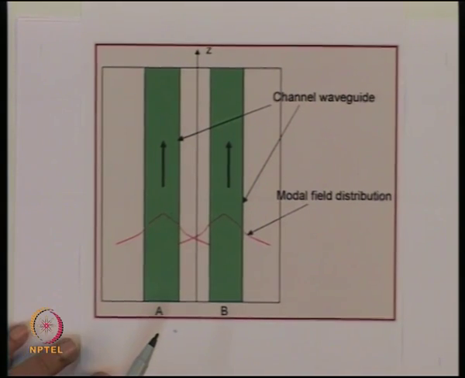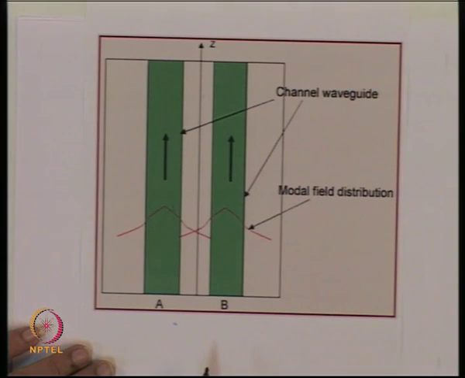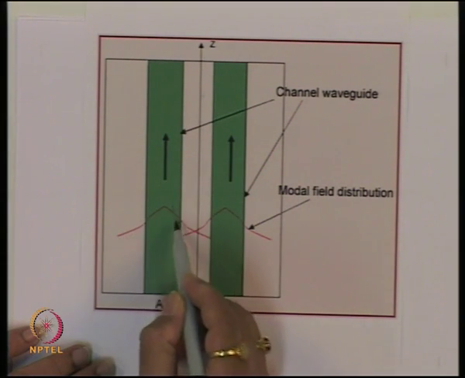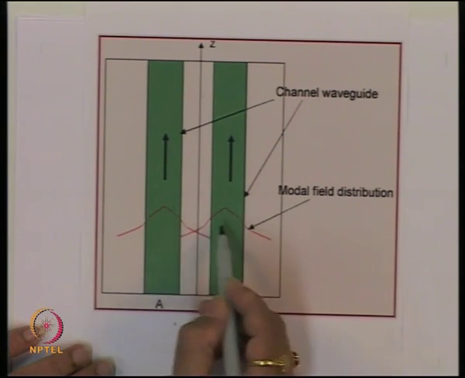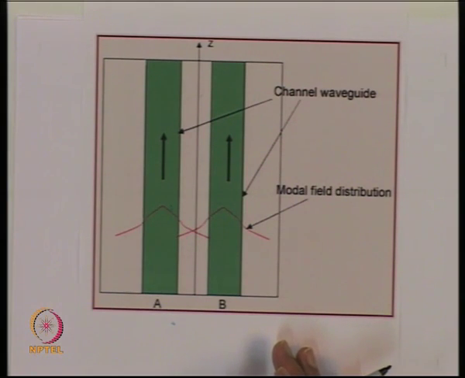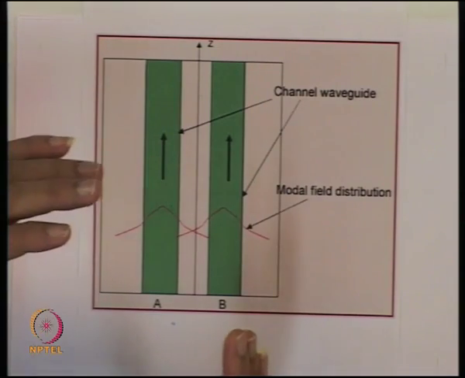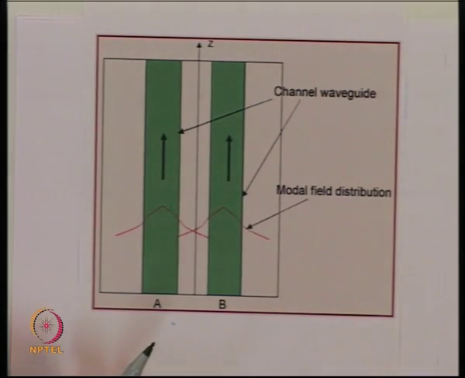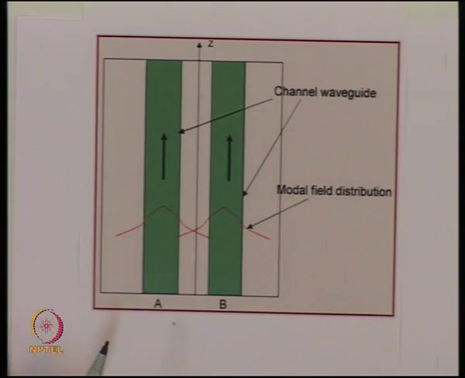So we have these two waveguides here, A and B, let us say, which are channel waveguides, and we have these fields which are the modal fields corresponding to these two channel waveguides. Let us make the analysis for a specific application. So just to make the analysis simple, let us assume that these two channel waveguides are identical.